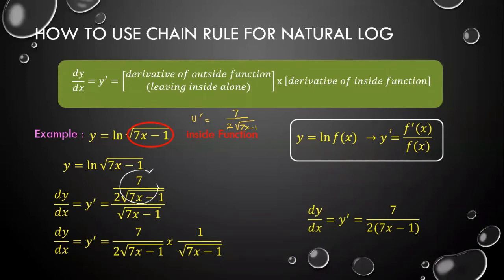This function is this one. Clear to you? And this function will be 1 over root of 7x minus 1. Okay, next.